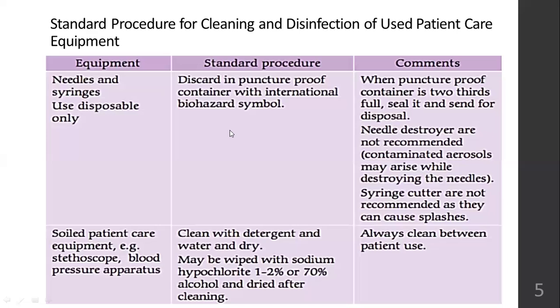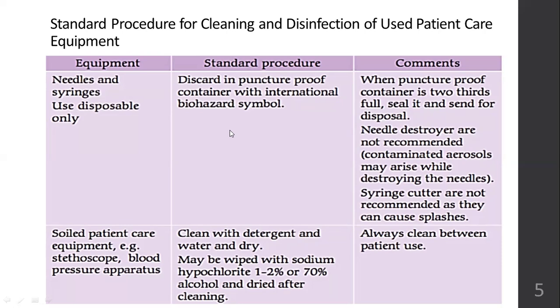If there is any equipment which has patient's blood on it, or any soiled patient care equipment like a stethoscope or BP apparatus that has touched the patient, if it is not of a cloth material, you can wash it with soap water, or you can wipe the entire area with spirit or hypochlorite solution.